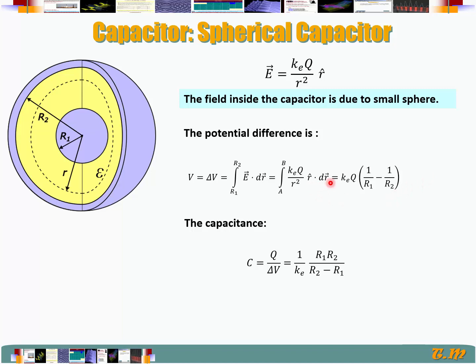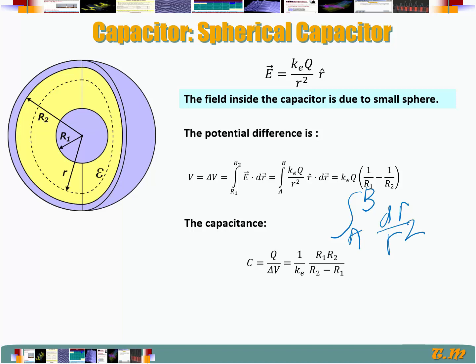The R dot R, they are in the same direction, so that's going to be just dr. And we do the integration. The integration is going to be from R1 to R2 of dr over R squared.